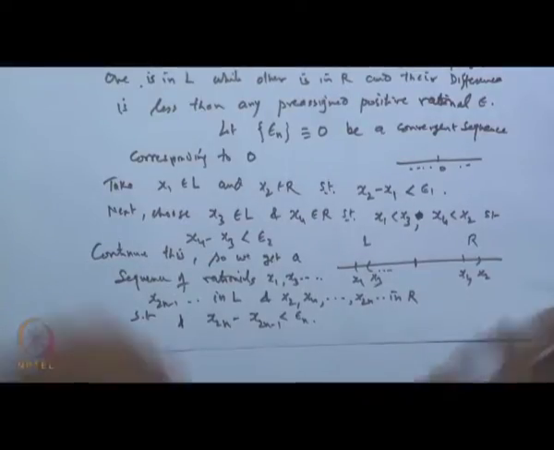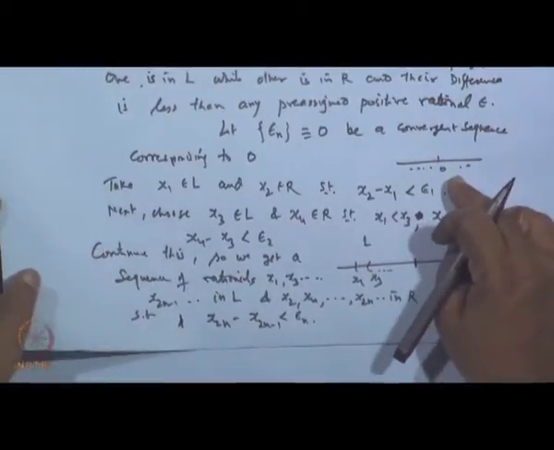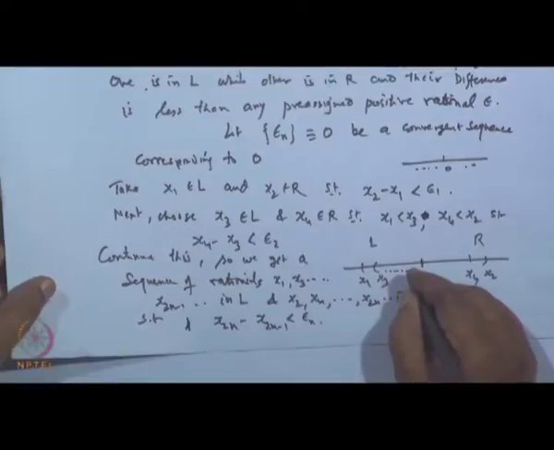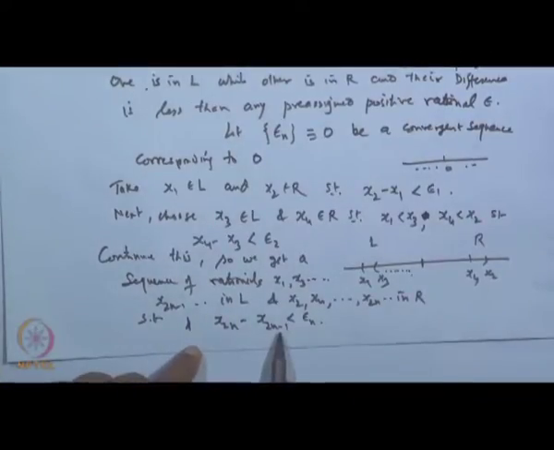Okay. Now, this way, corresponding to a section, we have generated a sequence. Now, this sequence x 1, the odd index is in L, and the even index is in R. Now, we claim that these two sequences x 2 n minus 1 and x 2 n will be convergent sequences. Why?